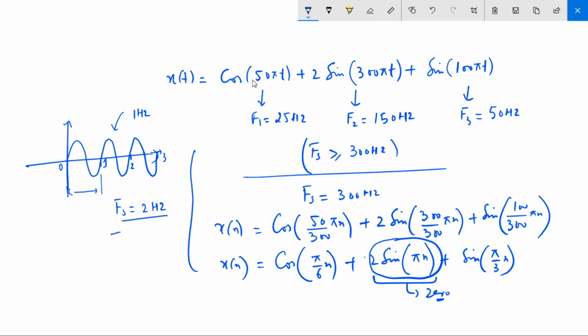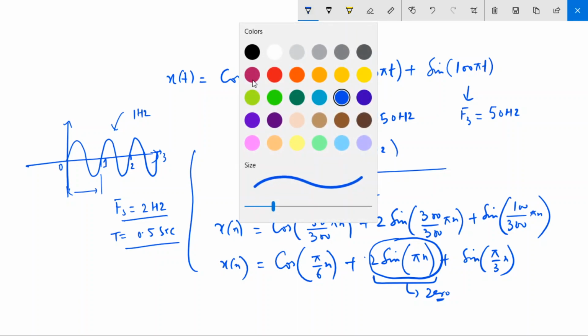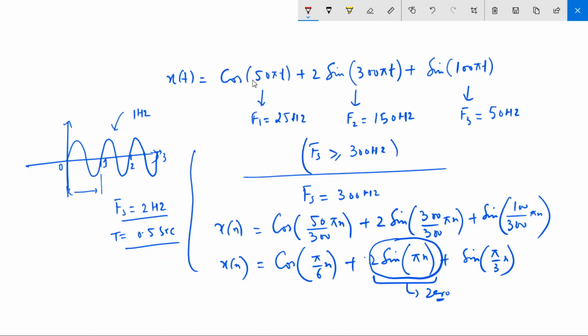So a 2 hertz sampling rate means your sampling time is 0.5 seconds. If you sample this signal every 0.5 seconds, where will you get samples? At 0, 0.5, 1, 1.5, 2, 2.5, 3. So you are sampling the signal at zero crossing points. As a result, your output discrete signal will be nothing but a sequence of zeros. So in that case, you cannot recover this analog signal from its discrete samples.